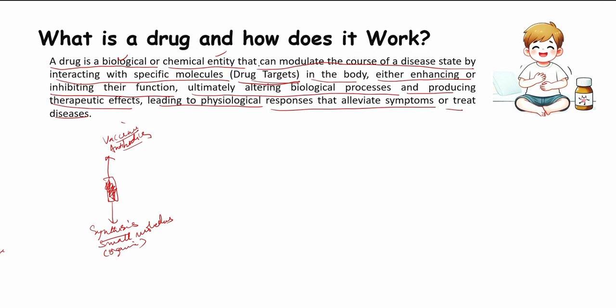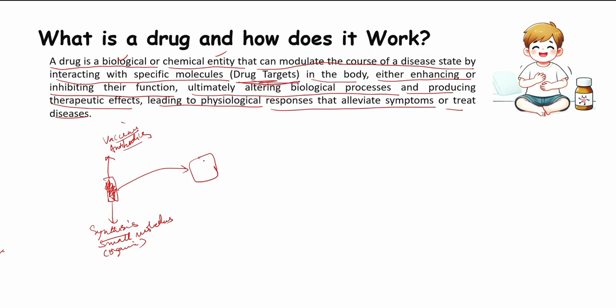When they enhance the function of the drug target, the drug molecules are called agonists. So when drug molecules interact with the drug target, and due to that particular interaction the drug target function gets enhanced, then the drug molecule is called the agonist.